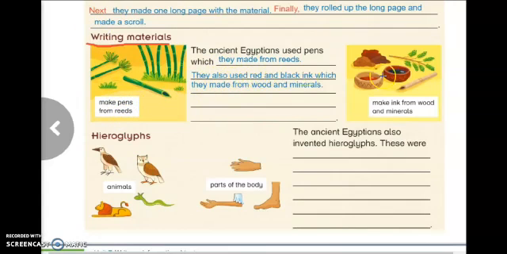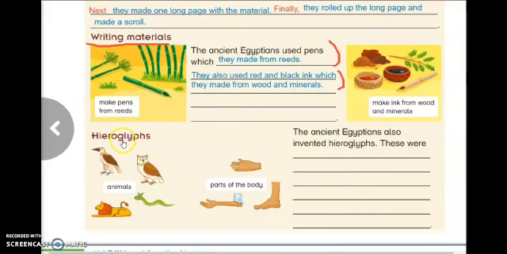They also used red and black ink, which they made from wood and minerals. And as you can see here, my students, here we have features of informational text. We have subheading, we have labels, also we have pictures, and we have paragraphs.